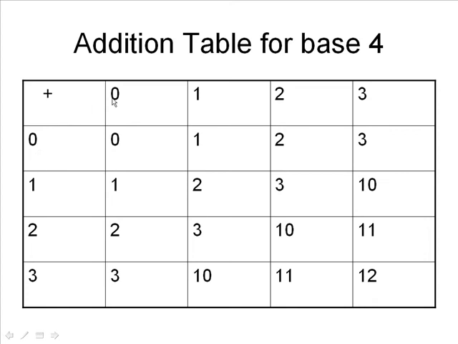Because 0 plus any number will be the number, in the first row, 0 plus 0 is 0, 0 plus 1 is 1, 0 plus 2 is 2, 0 plus 3 is 3. And similarly for the second column. And if we look at 1, 1 plus 1 is 2, 1 plus 2 is 3.